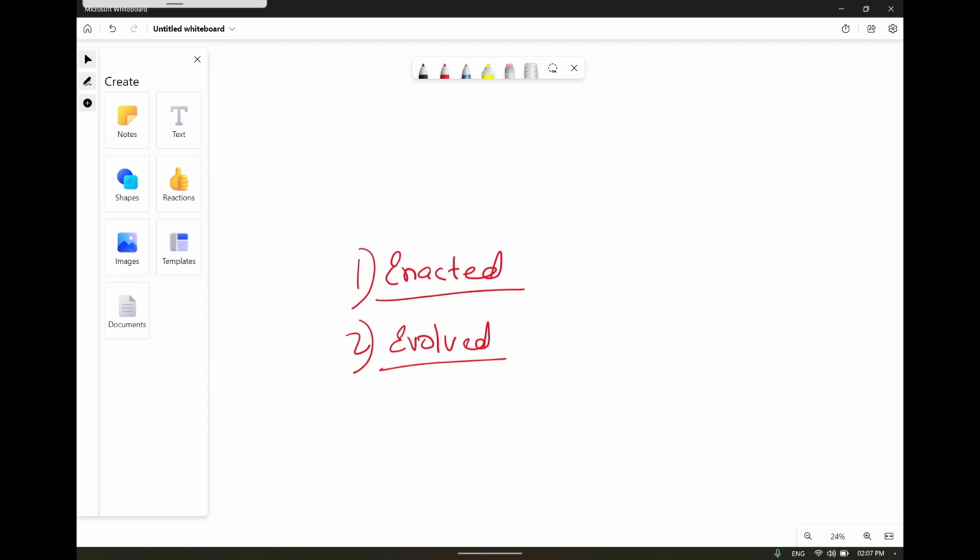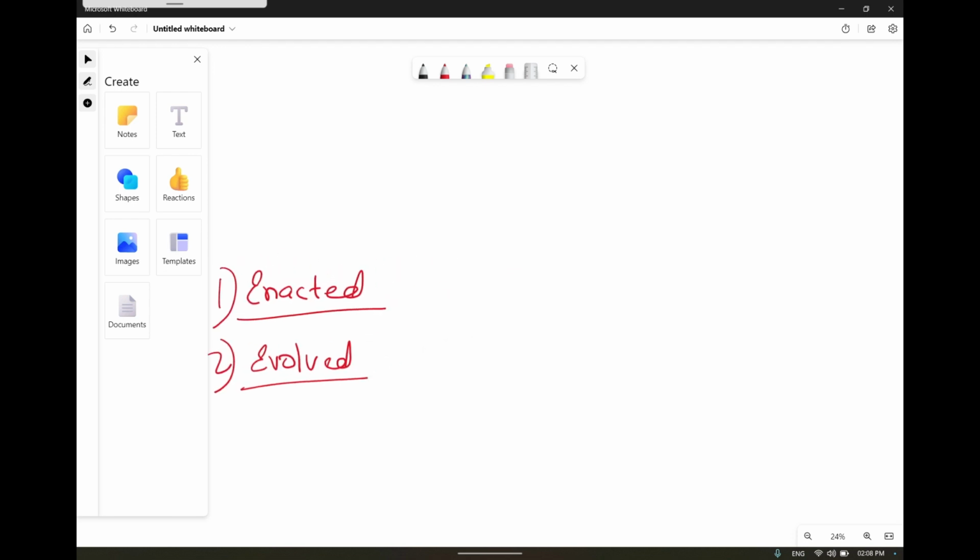So after that we got our independence, and we enacted our constitution on a single day. After the British agreed to leave the country, our constitution came into play. So here we are going to understand what exactly enacted means, and how we received this enacted constitution.